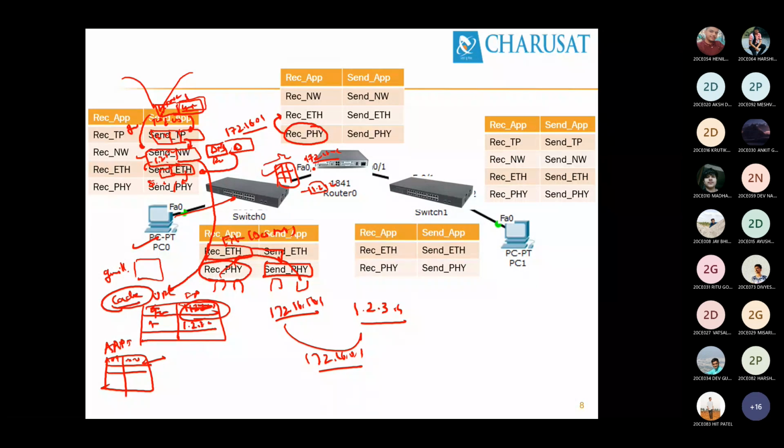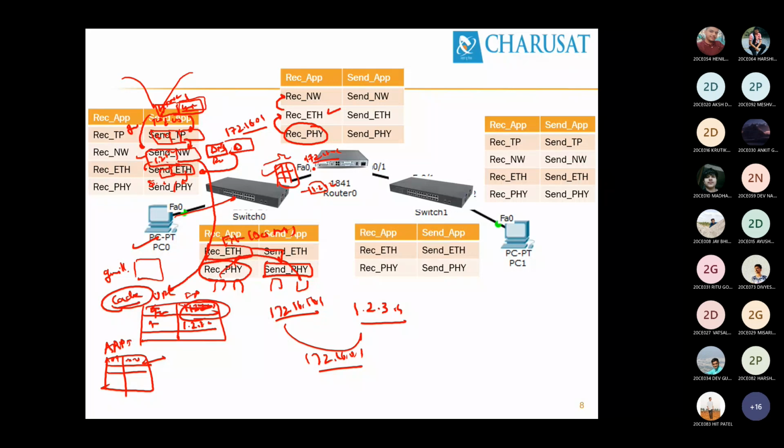whether the destination MAC address belongs to me or not. This is a new statement. The receive Ethernet layer will verify whether this destination MAC address belongs to me or somebody else. If somebody else, forward to the network layer. Okay or not?